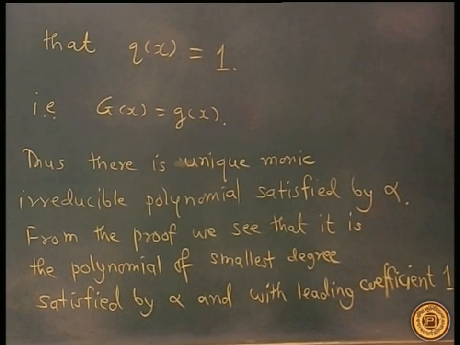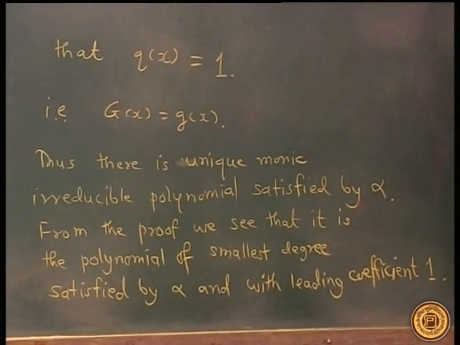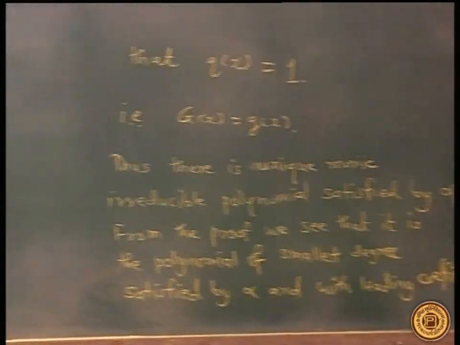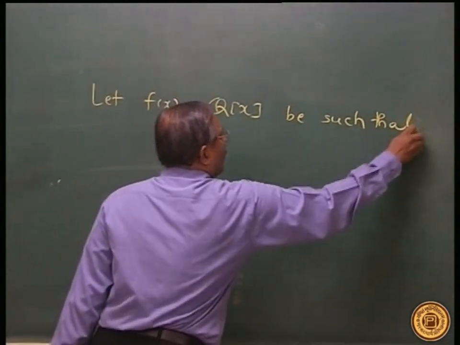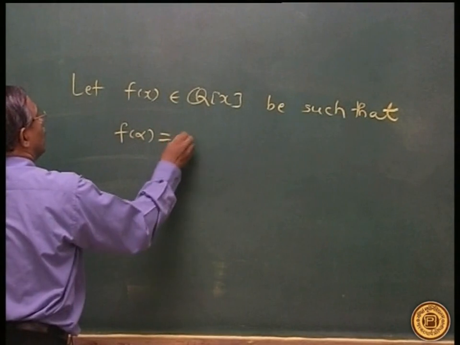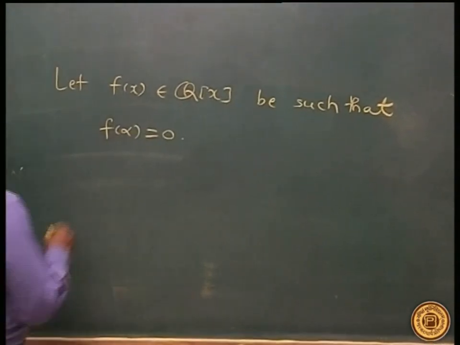The last part of the theorem is to show that if there is any other polynomial having alpha as a root, then Gx divides Fx. Let Fx in Qx be such that F of alpha equal to 0. Again use division algorithm.